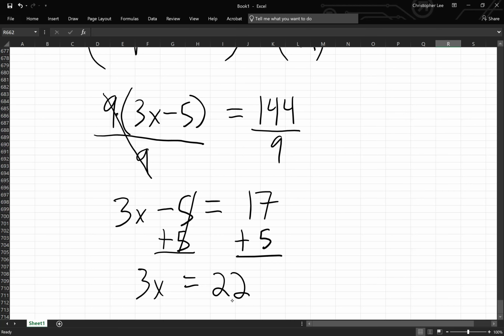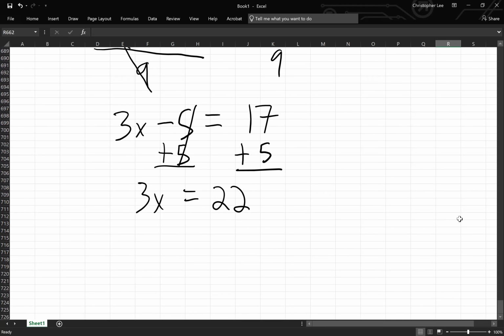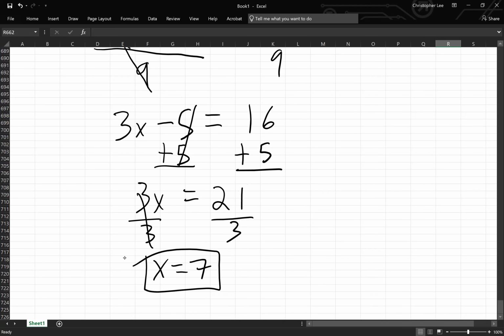Am I right about that? Okay, and then just divide by 3. So x is equal to 7. That's it. Questions on this?